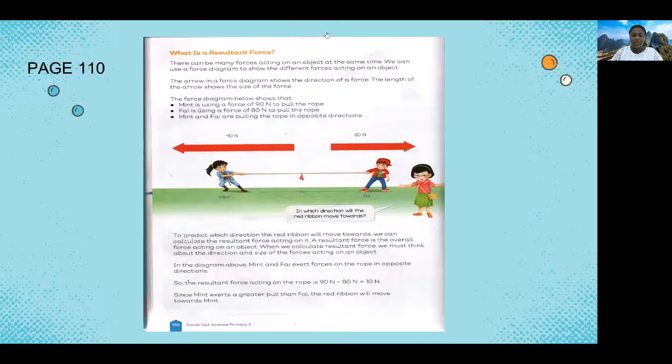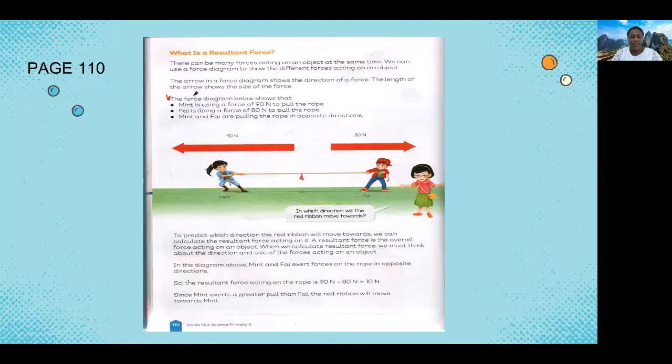Who is going to read for us, starting from here? This is where we are starting from. Can someone read for us the force diagram? We are waiting for Kangi to read for us.